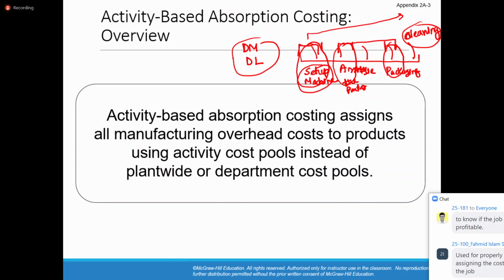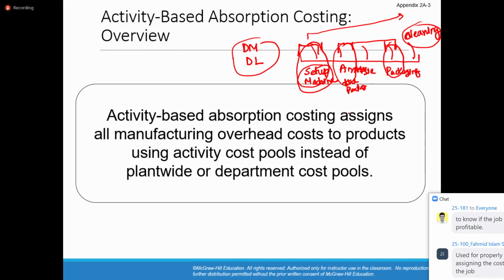The cost pool is a kind of cost bucket which includes the cost for performing an activity. We'll see a more precise definition in the next slide, but here a cost pool is a cost bucket which includes the cost required to process or complete an activity.